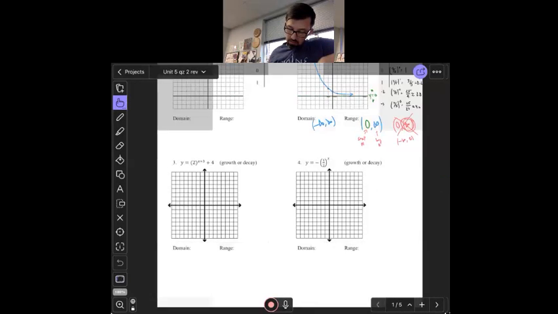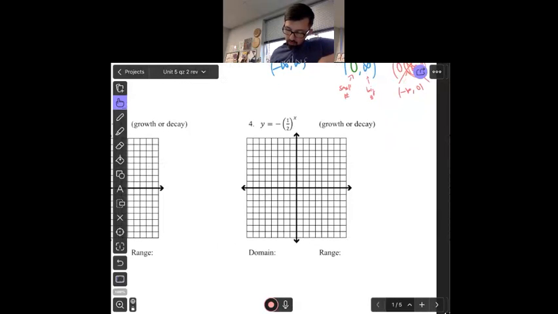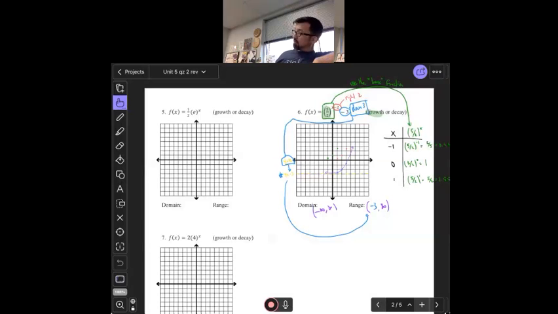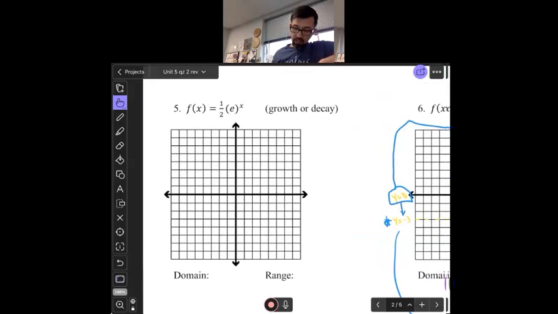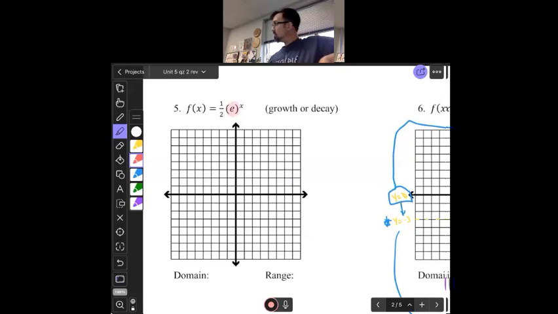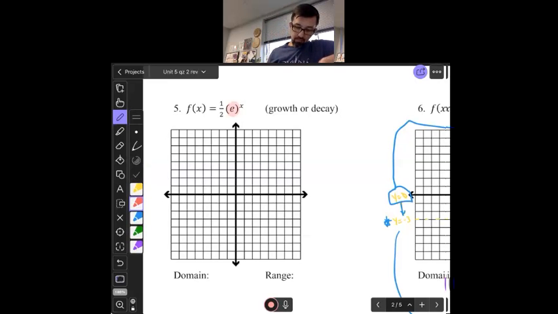Lucas, you want to do 4 or 5 or 7? 5? Yep. So first thing I want to do is decide if this is a growth or decay function. So Lucas, do you remember what e is equal to about? Yep.